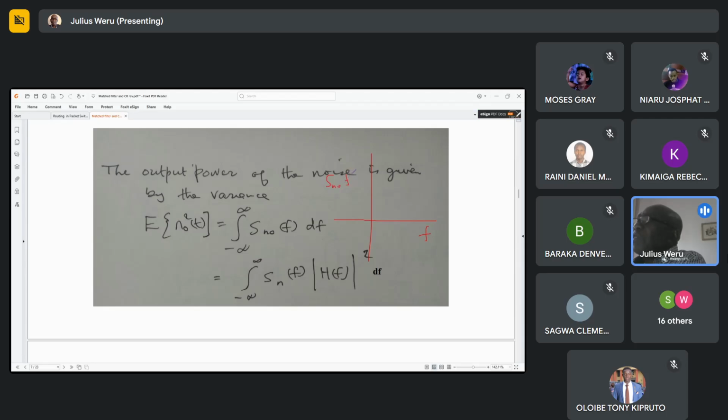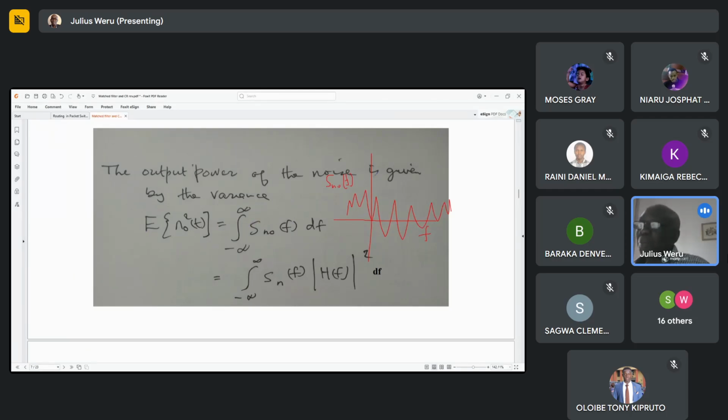You don't even have to remember about these variances. The output power is simply this, because this is the power spectral density, which means you are talking about power per hertz. Therefore, you simply integrate across the entire frequency. That will give you the power.